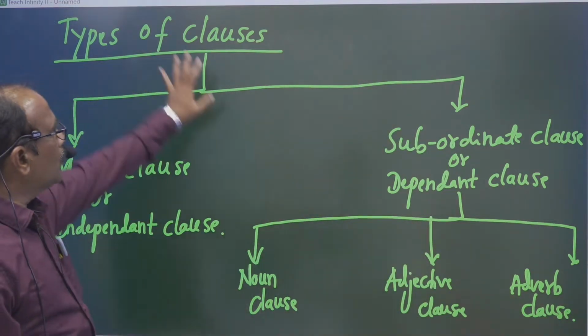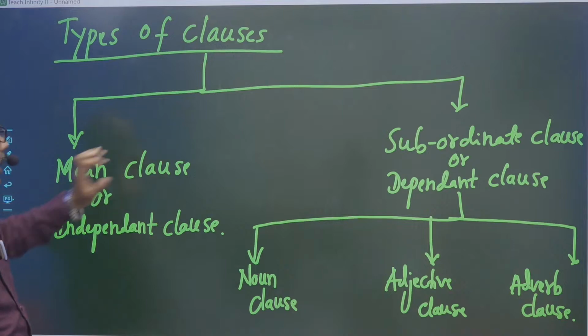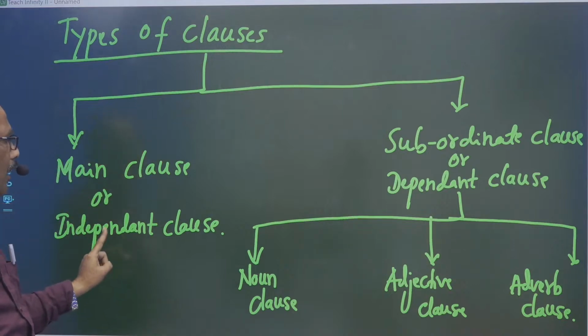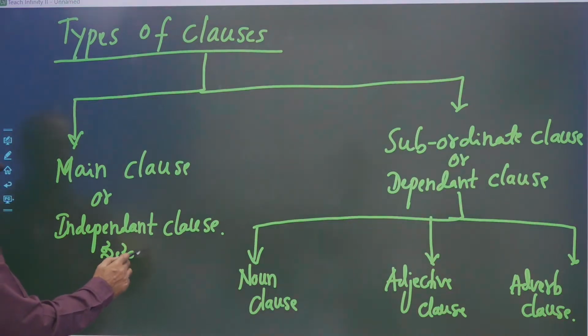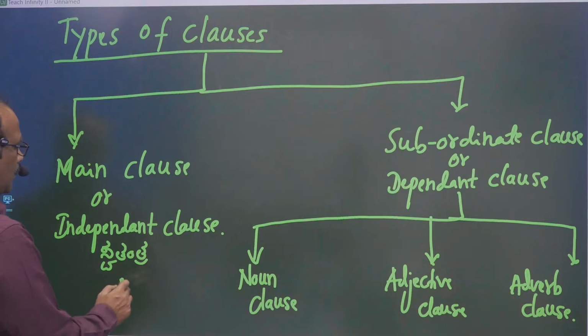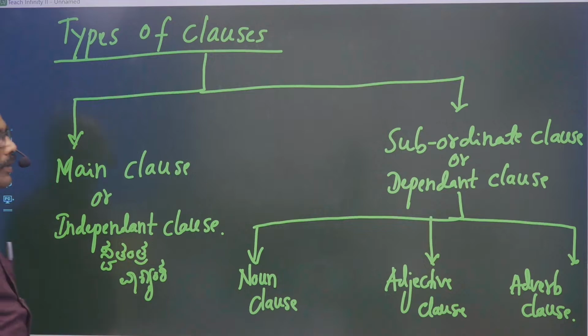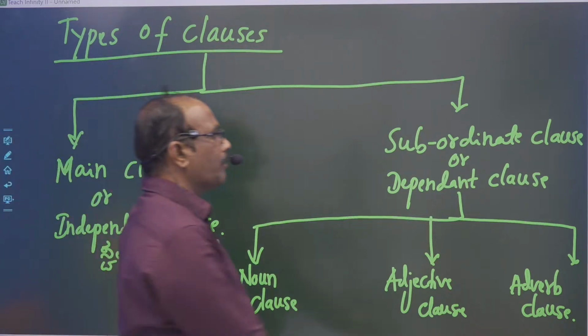So there are two main clauses. One is main clause or independent clause. We can call it swatantra vakyanshagalu. This is in Kannada, we can call it swatantra vakyansha. And the next one is subordinate clause or dependent clause.